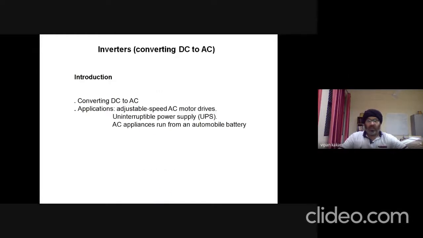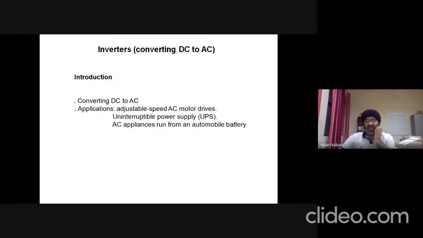In this one, we already know, as we saw in our first lecture, that inverters normally are used to convert a DC signal into an AC signal, or a DC supply into an AC supply. The applications of these DC to AC converters are adjustable speed AC motor drives.